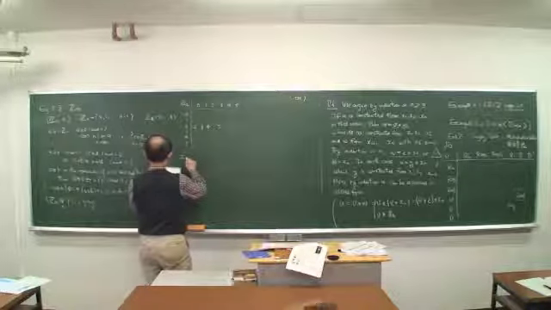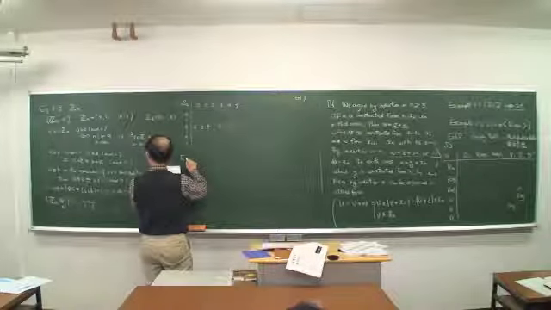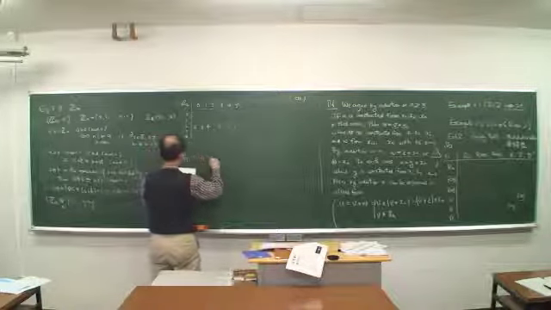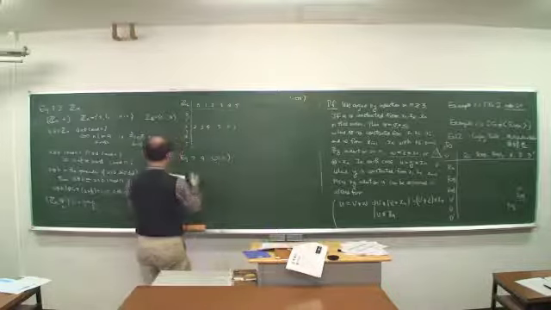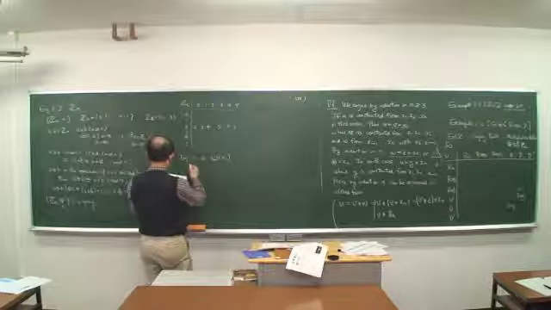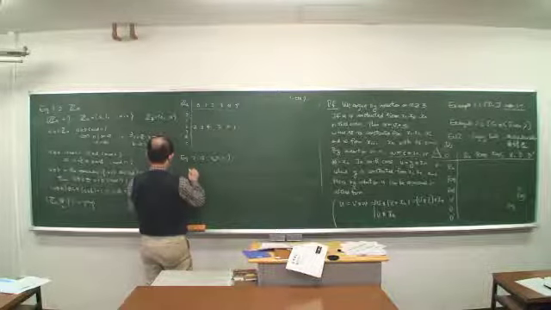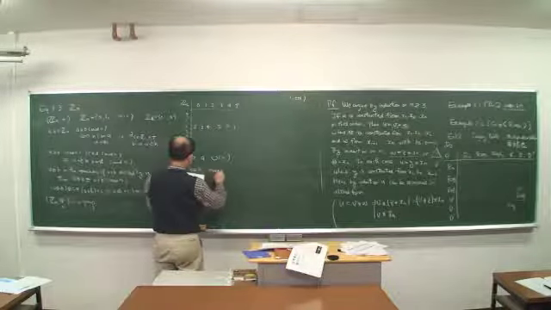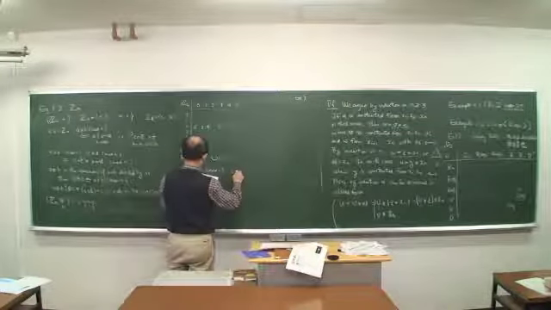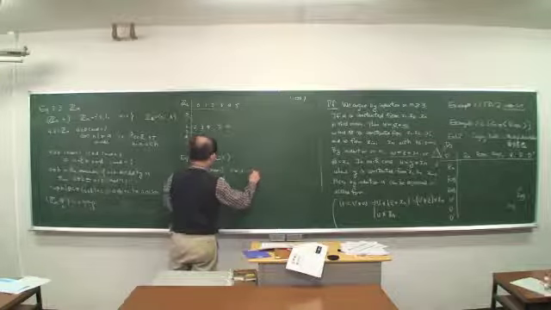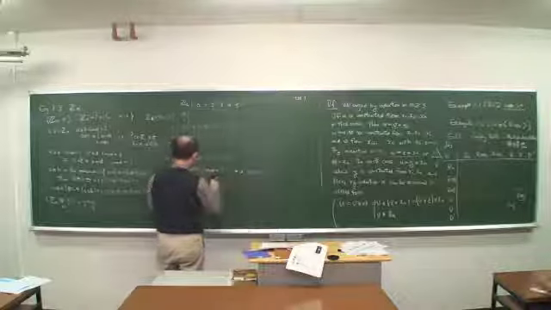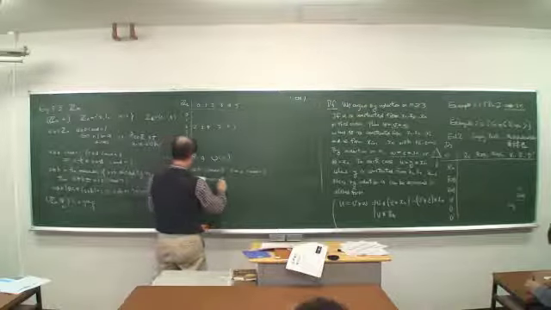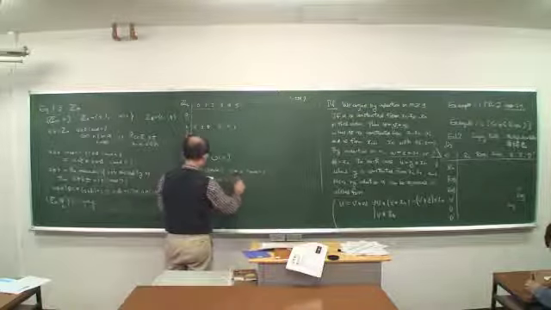Let me just finish up one more thing. That is example 2.4. For a positive integer n, again we use the product modulo n. If a equals b modulo n and c equals d modulo n, then ac equals bd modulo n.